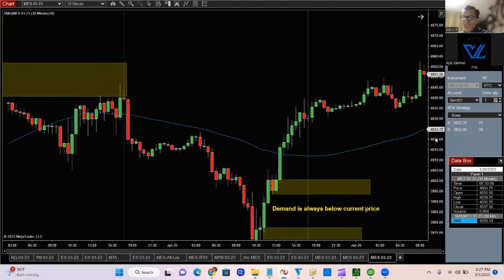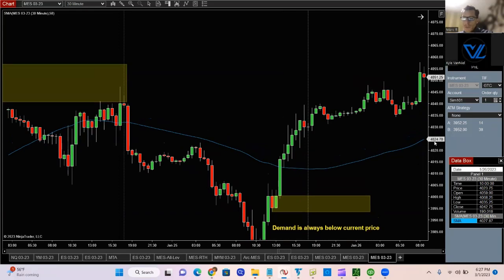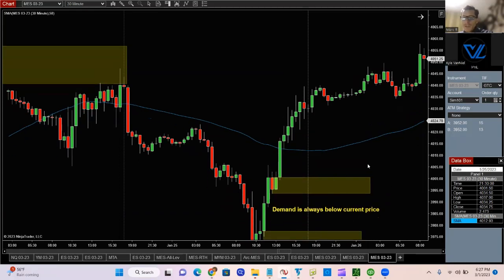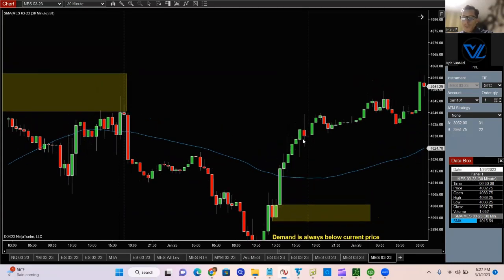So if it was 8 in the morning, you're looking for demand zones. You got one here, you got one here. Where else do you have one? Well, price came down here, based, and moved up. So leg in, base, base, base, base, base, leg out.